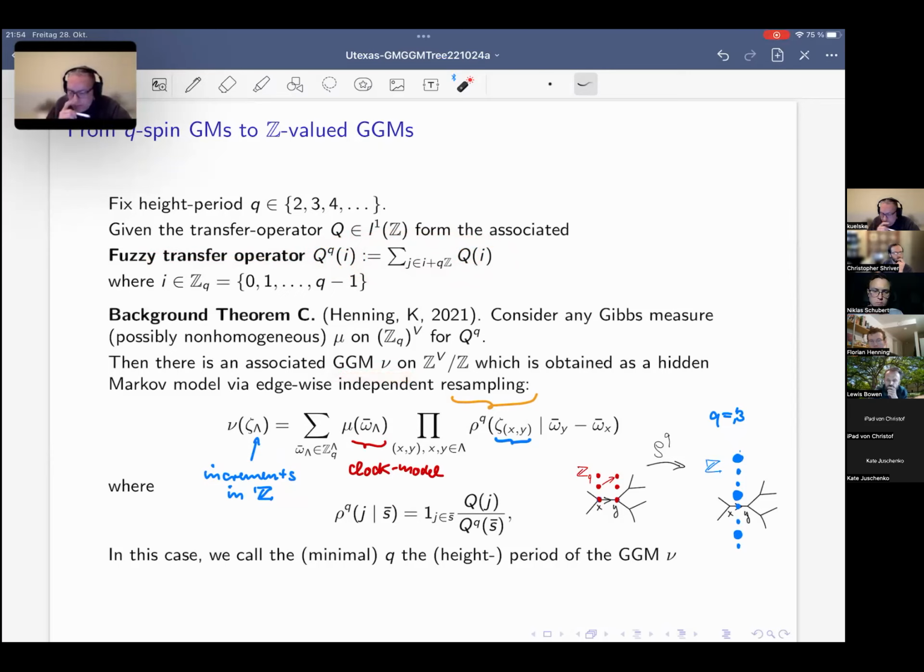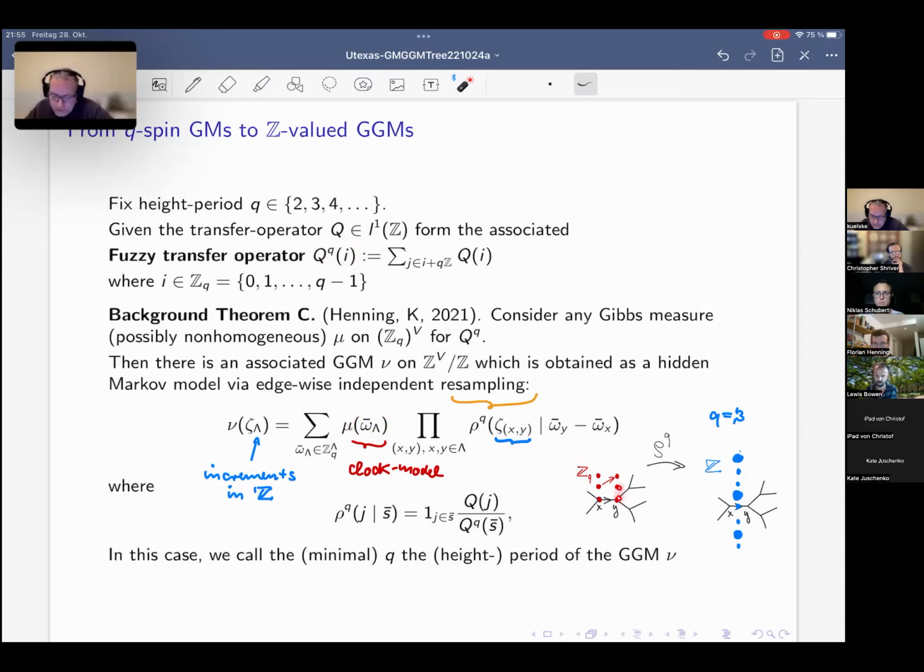So by first sampling the finite spin model from the Gibbs measure which you have for this interaction, and then doing an independent resampling of the values along the edges.